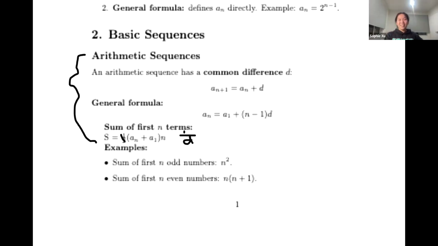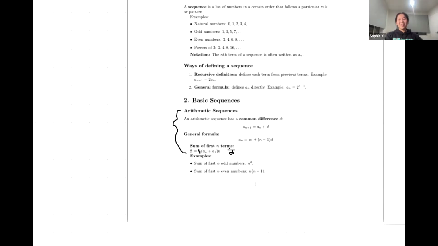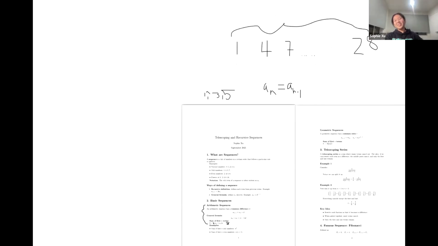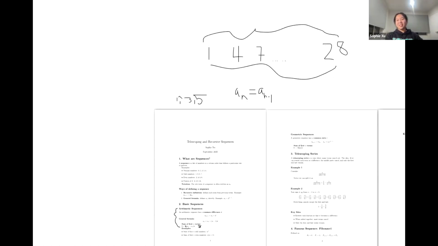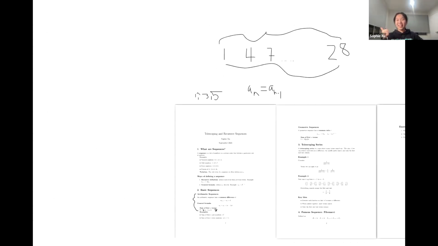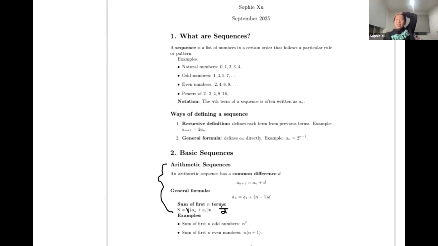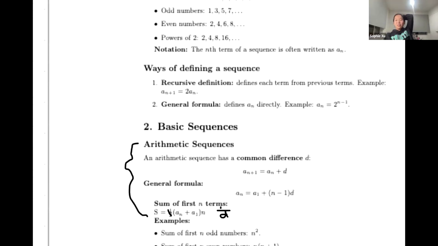If you think about it, 29 is an odd number and so is 9, so you obviously can't divide that by 2 because that should sum up to be a whole number. But 28 minus 1 is 27, which is a multiple of 3, because the common difference is 3, right?